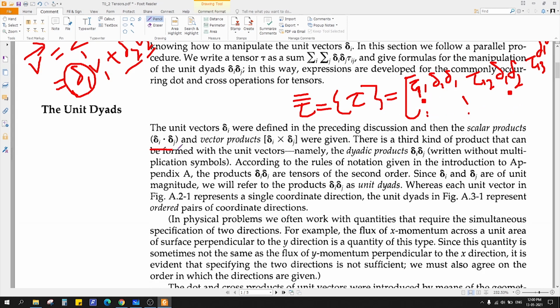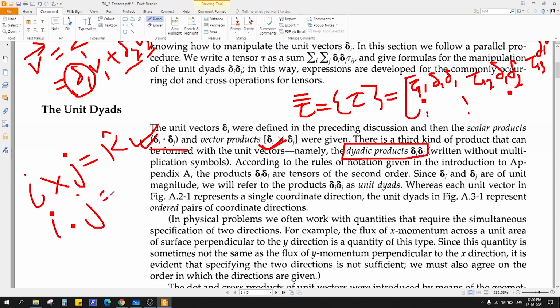So you have learned this is your dot product or scalar product, and this is your vector product or cross product. Then there is a third product called the dyadic product, right? So what is the dyadic product? Generally, i cross j means what? i cross j is k cap, right? What is i dot j?